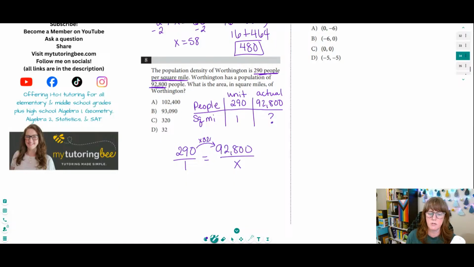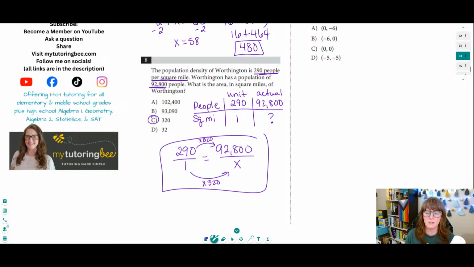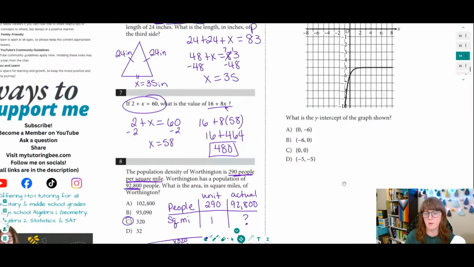So times 320, and 290 times 320, and you can put that in your calculator and verify that, equals 92,800. So we're going to do that same thing here, times 320, and then 1 times 320 is just 320. I really like this method, even though this was a simple one that we could have just divided from the very beginning, just to make sure that we are doing the right operation.